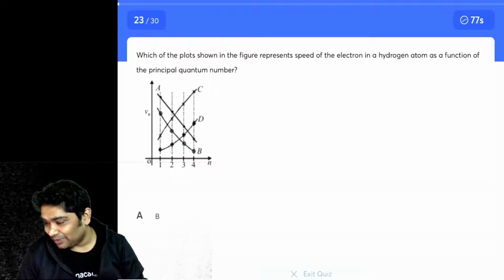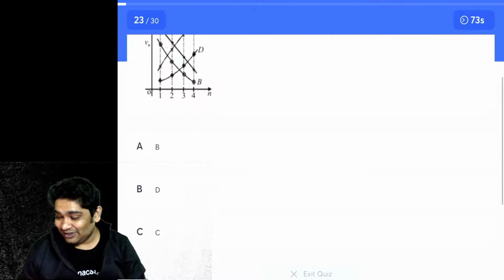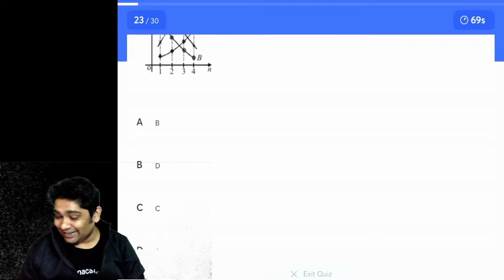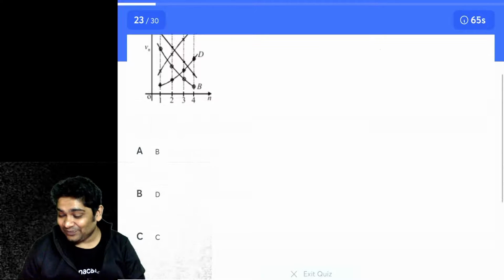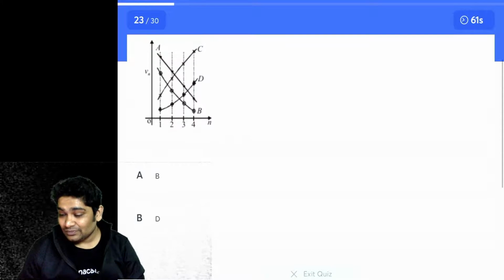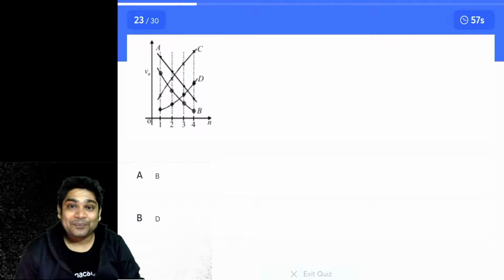Okay, so this is a repeat of the previous question. So I think you should all get this correct now, if you remember the answer from the previous one. So how does the speed depend on the principal quantum number?